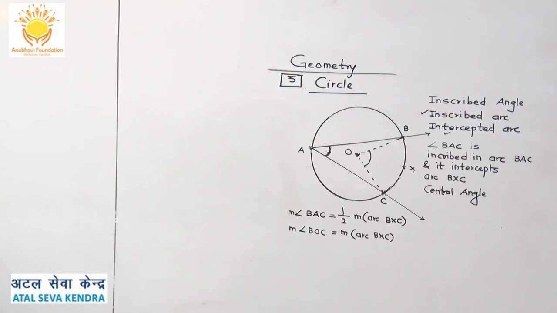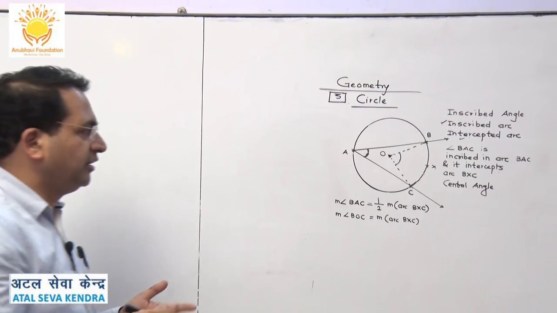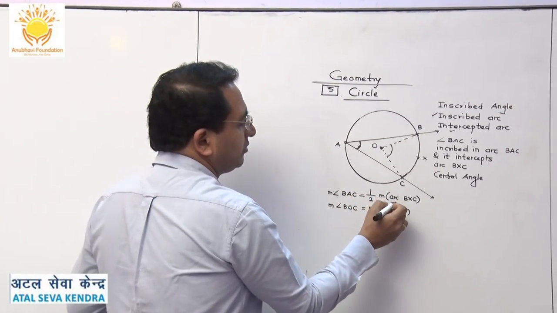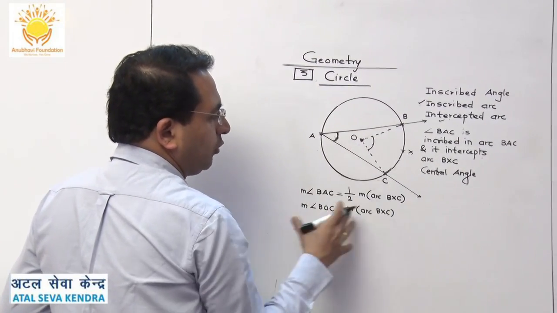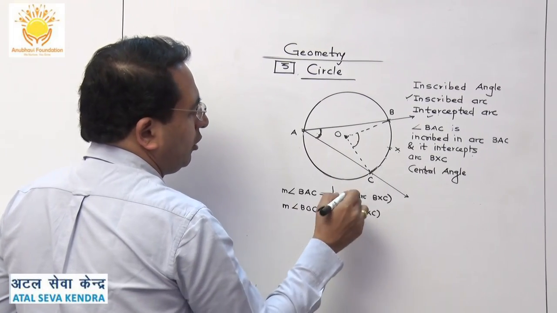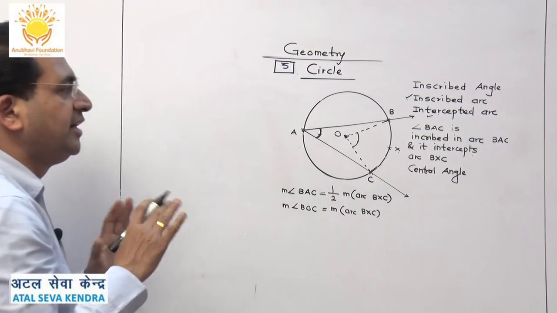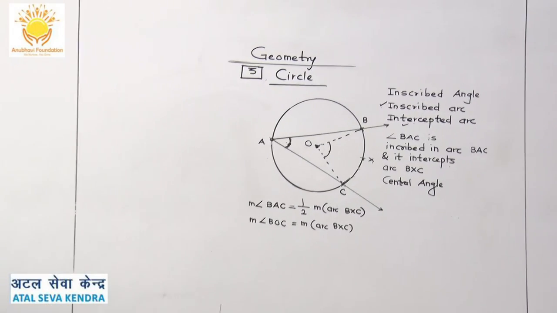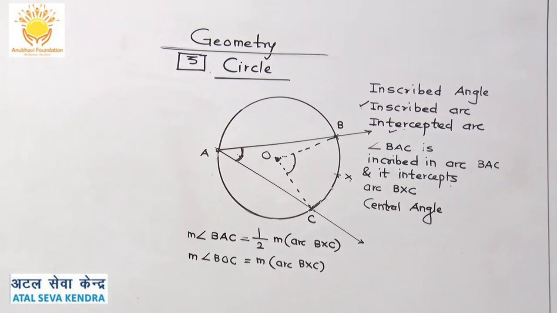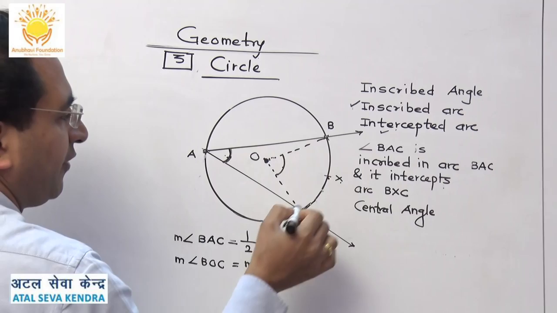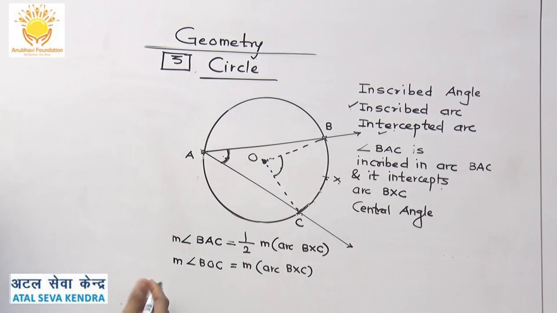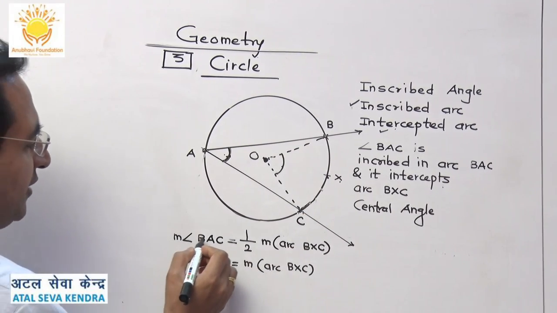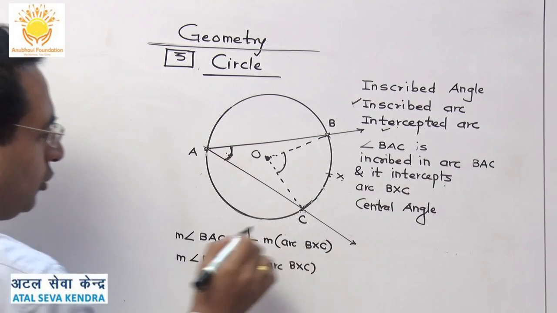Remember one thing, measures of arcs are given in terms of degrees. So whatever answers you have here, they are all in degrees, not in centimeters. I am taking the measure, not a length. The length of the arc is different. I am talking about the measure of the angle and the measure of the arc, not the length.